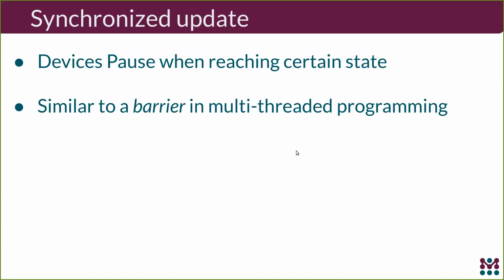So synchronized update is the solution that we have in Mender 3.0 for this. It's a new feature. What it does, it allows you to pause when reaching a certain state of the update process. If you're familiar with multi-threaded programming, you might remember barriers. And this is very similar to what a synchronized update does.